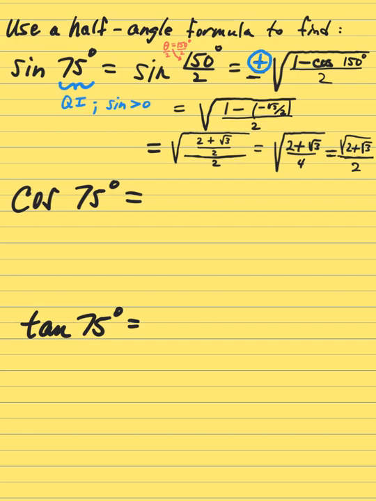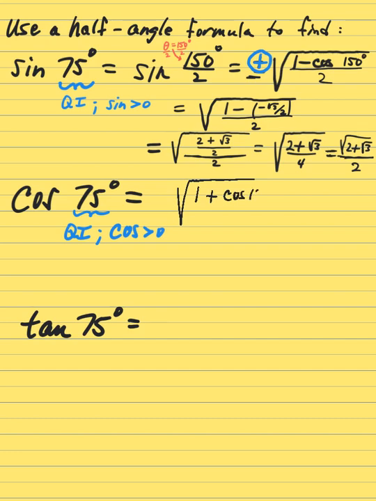Same thing is true with cosine. The only difference, instead of having a minus sign under the radical, and we're going to look at this also, that 75 degrees, that's still quad 1. Everything's positive in quad 1. So we have square root. Instead of a minus sign, it's just a plus sign.